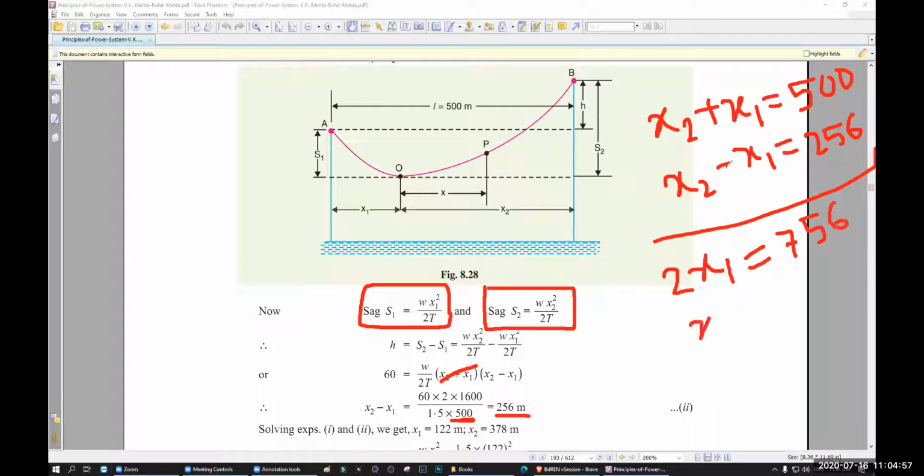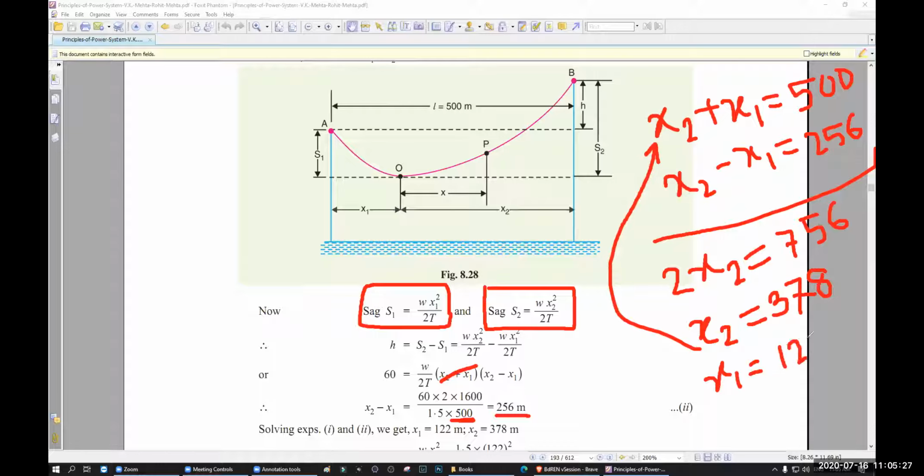So x2 is equal to 756 divided by 2, so 378. Okay. So put this value here, and your x1 will come out. Your x1 will be 122.